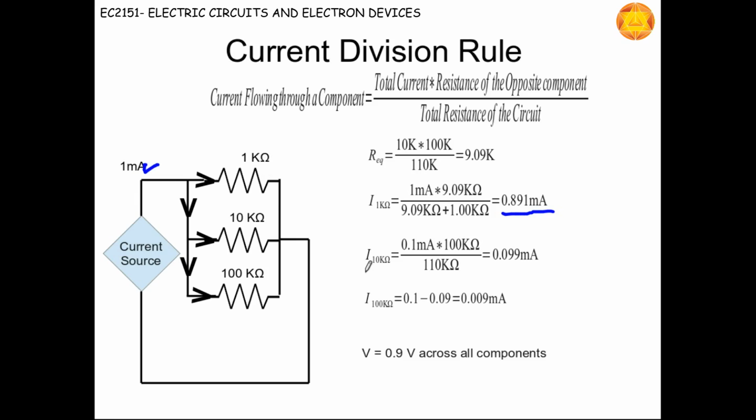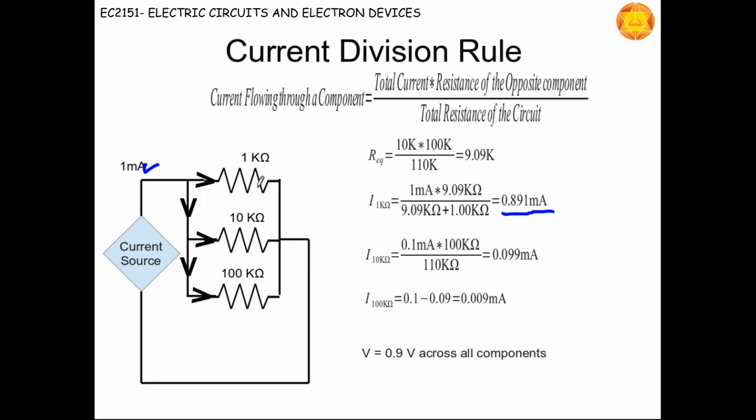Similarly, let's calculate for the 10 kilo ohm resistance. Here you see that out of 1 milliamp, 0.891 milliamps of current moves this way.